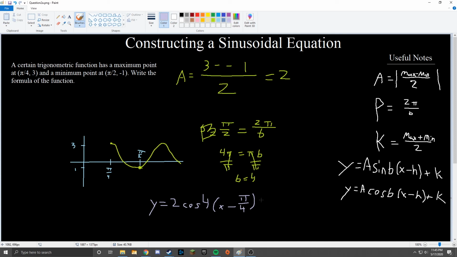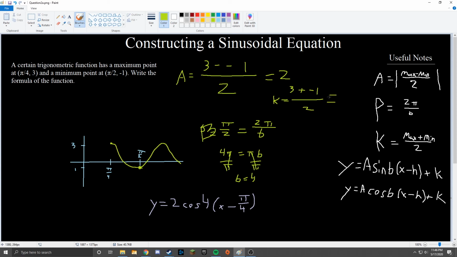Regardless, all right, so now we need to find k. And k represents the vertical shift. So pretty similar to h, we have a little equation for that there. So we have k is equal to our max of 3 plus negative 1, over 2.